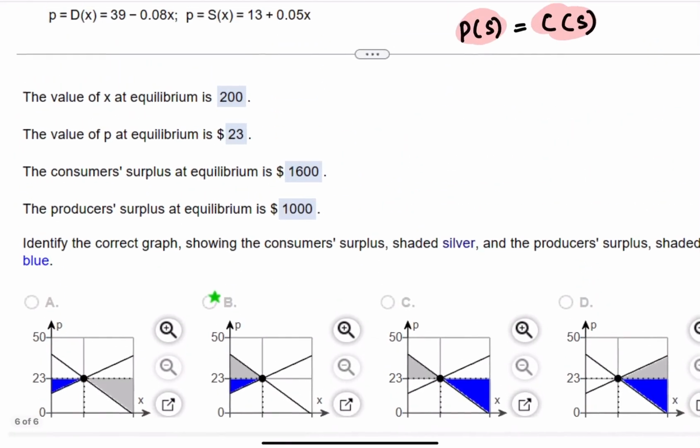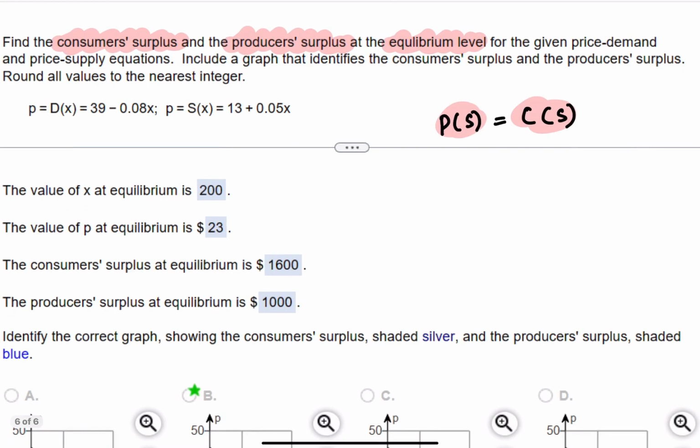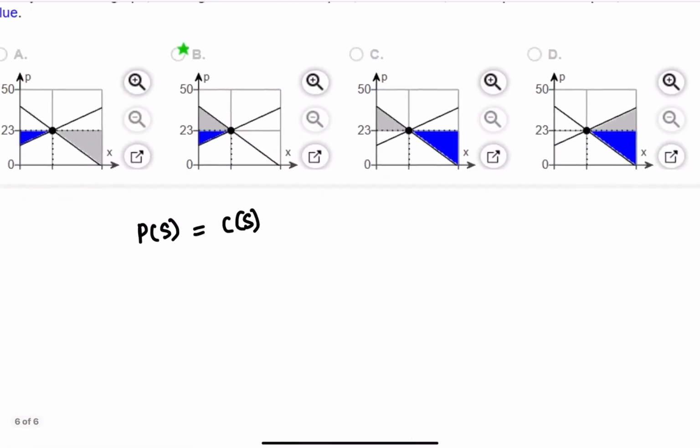So to do all of that, my first step would be to equate both the functions. Equate P of S is equal to C of S. Now let's take a look here. My D of X, which is the consumer surplus. My S of X, which is the producer surplus. Let me write these down here.